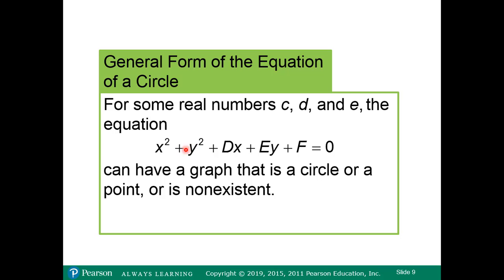So if you see something that has an x squared term, y squared term, an x and a y term, and then the constant, then chances are you've got a circle here. Again, notice that these are all plus signs in the general form. Now it can have a graph that is a circle or a point or is non-existent. So it may not be a circle.